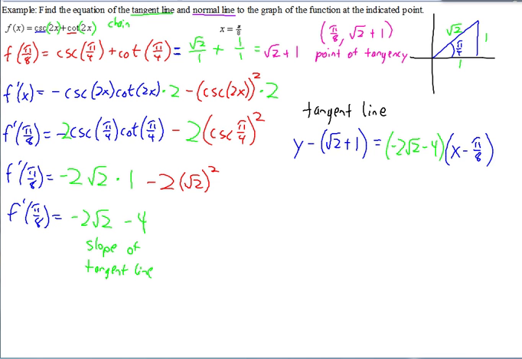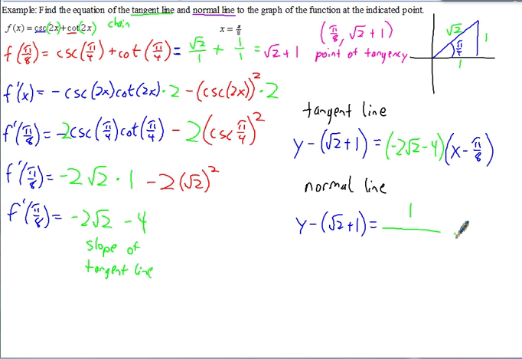And then the normal line, remember, also goes through the point of tangency, so the same point, but it's perpendicular to the tangent line. So perpendicular lines, remember, have slopes that are opposite reciprocals. So it'd still be y minus square root of 2 plus 1 in parentheses equals. But then here we'd have to do the opposite reciprocal of that. So let's first do the reciprocal.